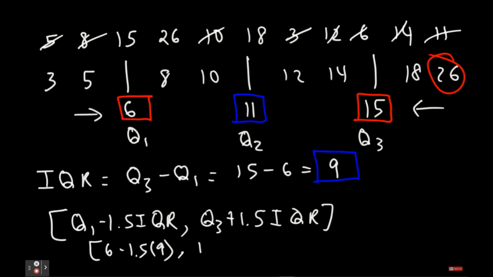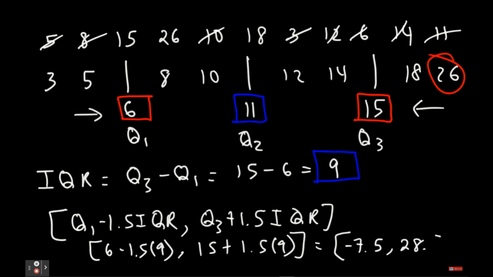Q3 is 15, and then it's going to be plus 1.5 times 9. 1.5 times 9 is 13.5. So 6 minus 13.5 is negative 7.5. And then 15 plus 1.5 times 9 gives us 28.5.